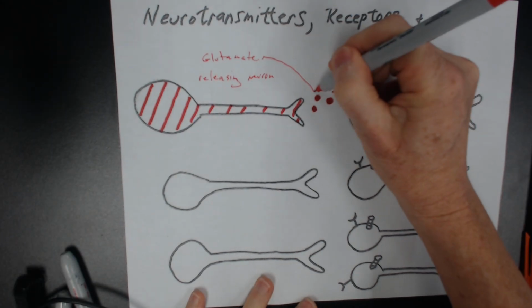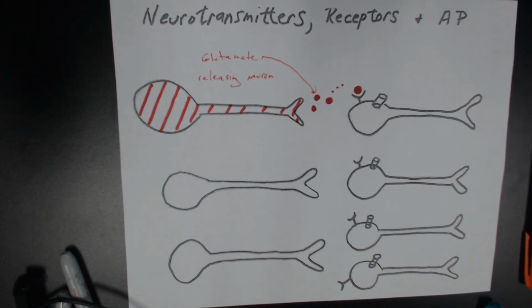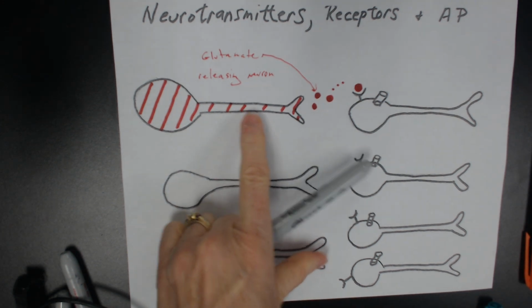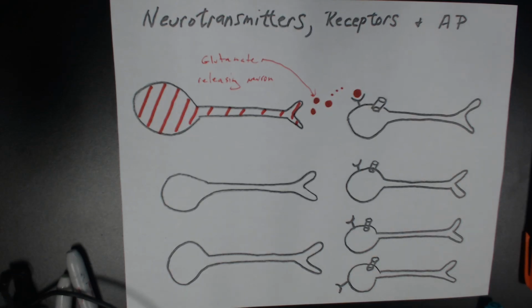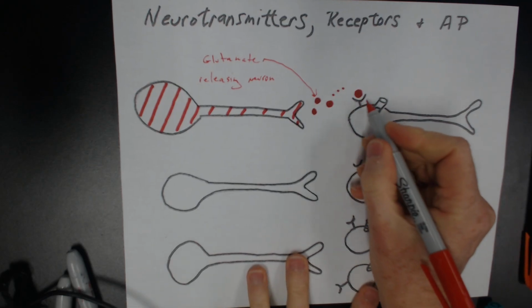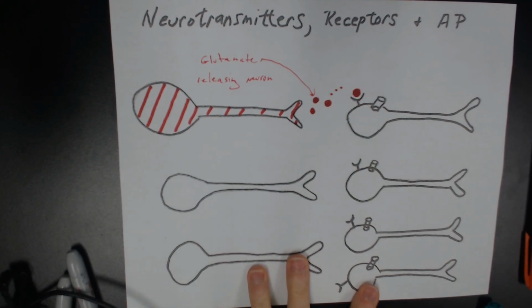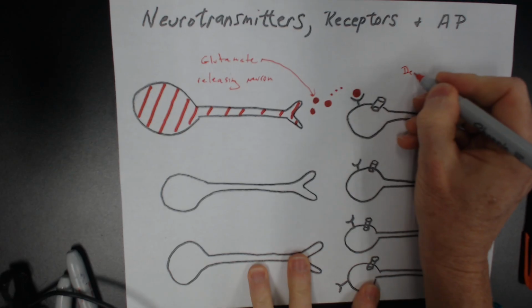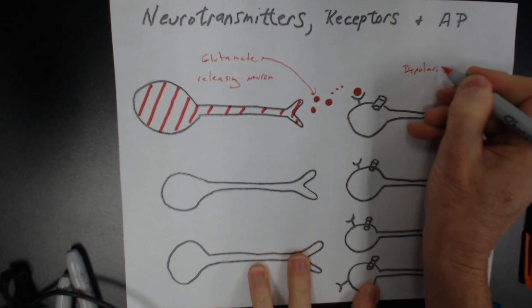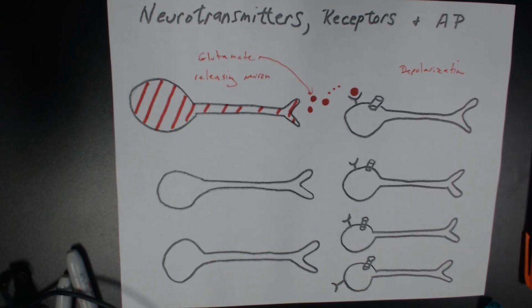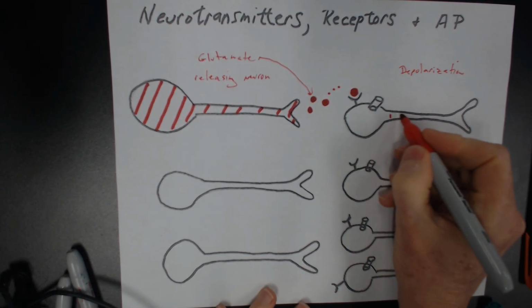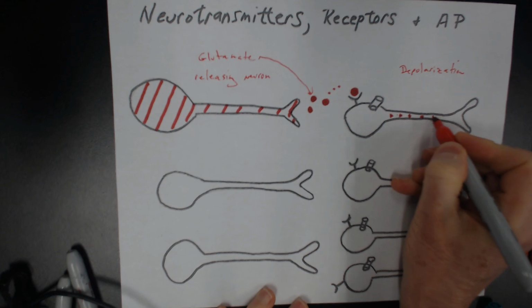If this neurotransmitter is excitatory, is it going to depolarize or hyperpolarize the next neuron in sequence? Depolarize, right. So glutamate, when it binds to the receptor on the postsynaptic neuron, is going to cause depolarization of that neuron, which means that neuron is going to fire, and you're going to have that action potential going all the way down.